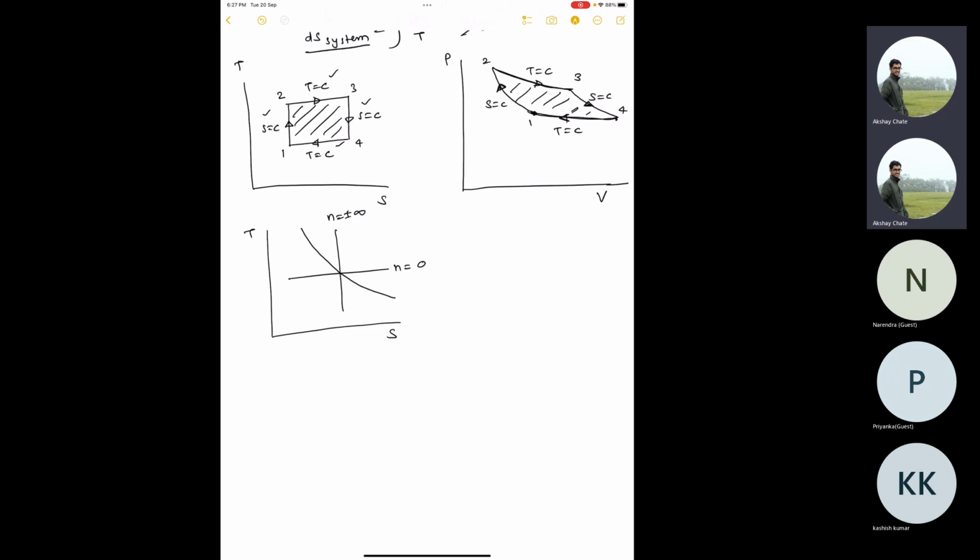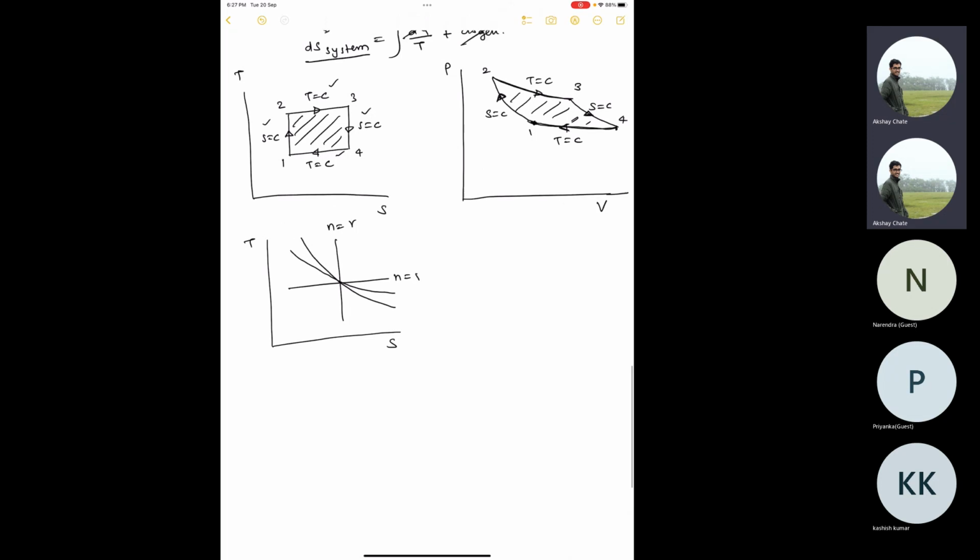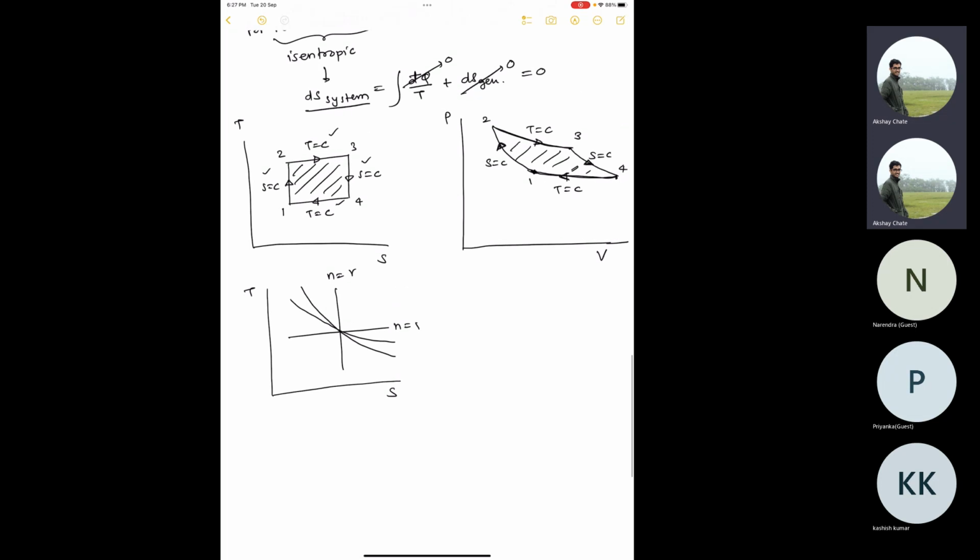And one process will be like this, and one will be like this. Sorry, this is TS. So n equal to 1 here, n equal to gamma here, and these two will be like this only.